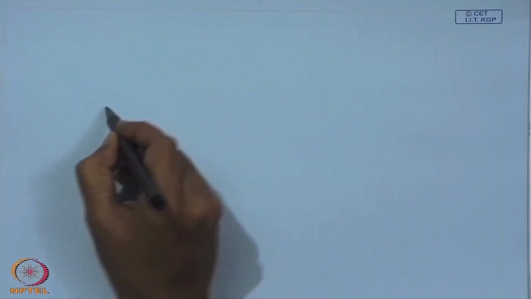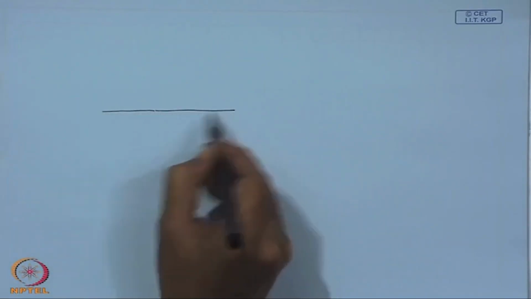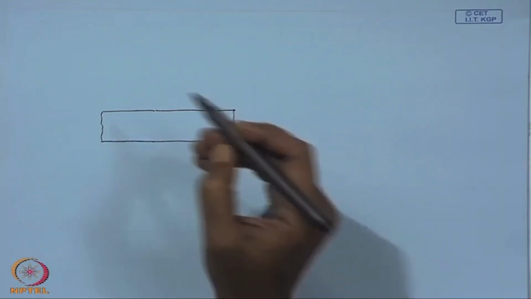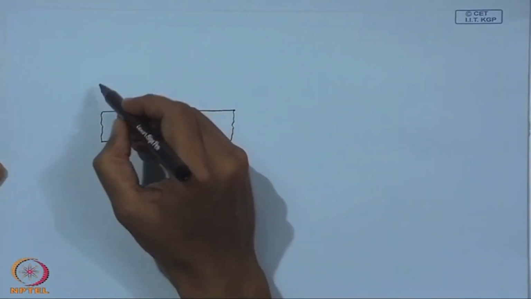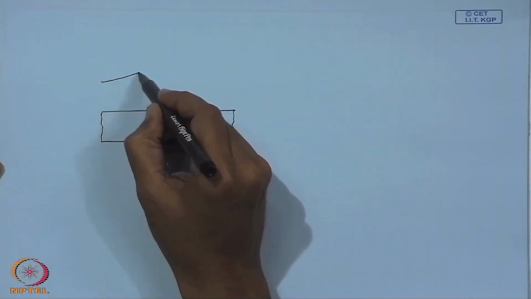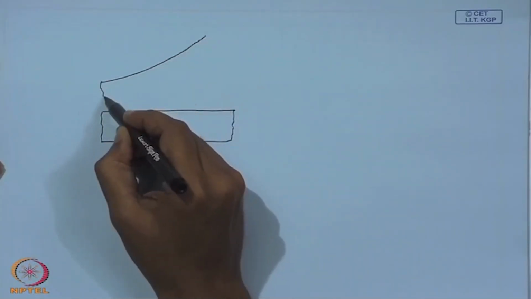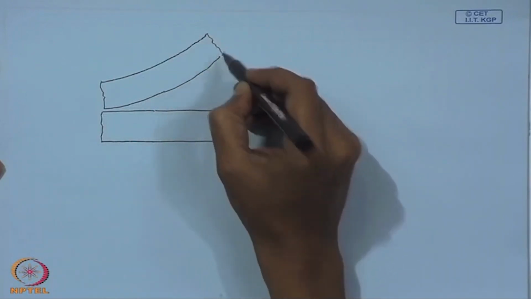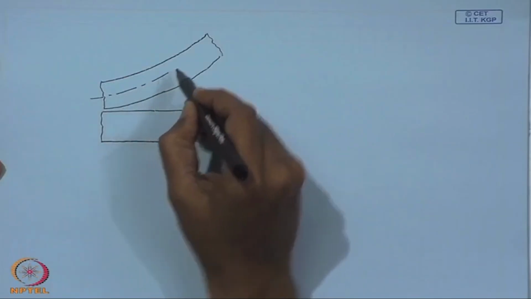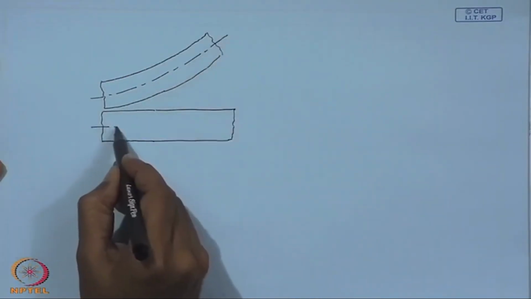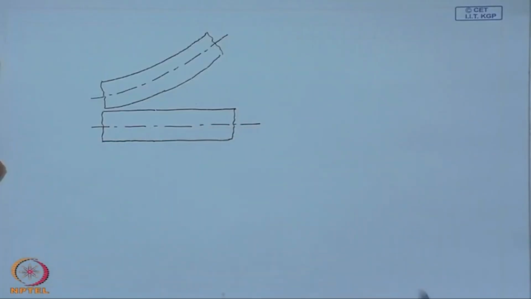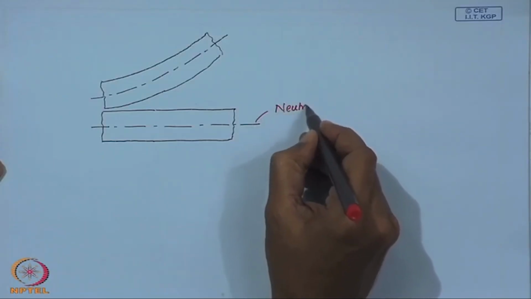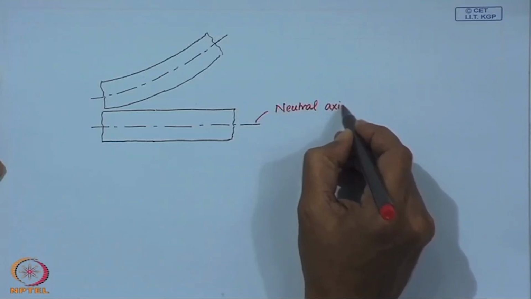Once again let me draw this section of the beam. So, this is our neutral axis or neutral fiber.